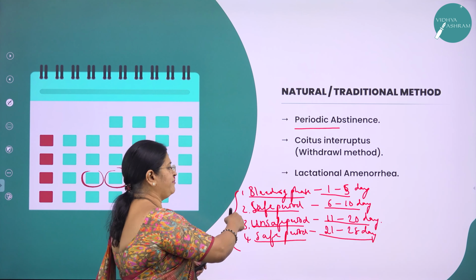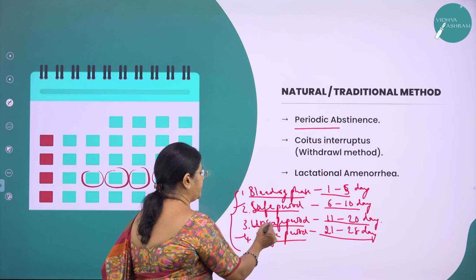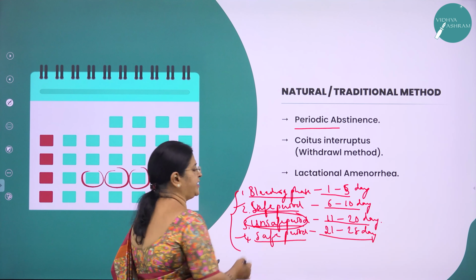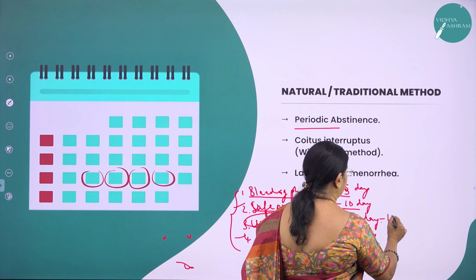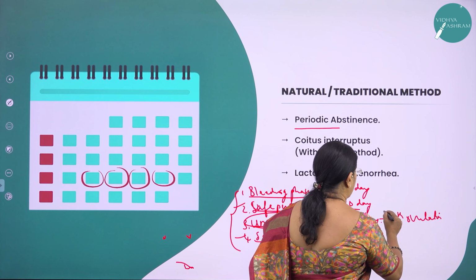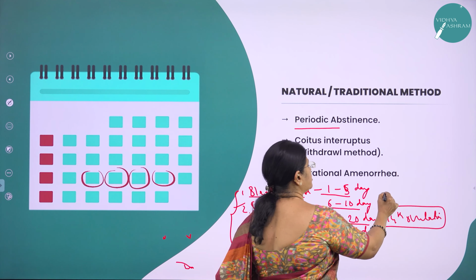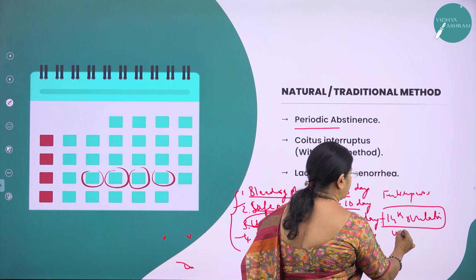You may wonder why I have written all this. You can see this is the safe period and this is the safe period. Why is this called unsafe period? Because a very important event takes place on the 14th day, that is called ovulation. This is called the fertile period, or it is also called unsafe period.